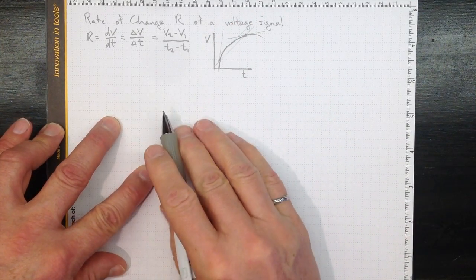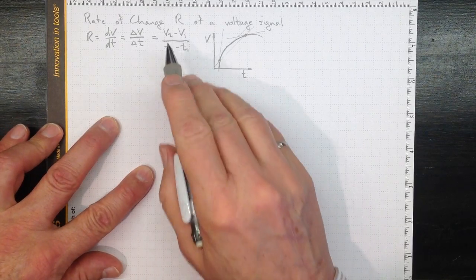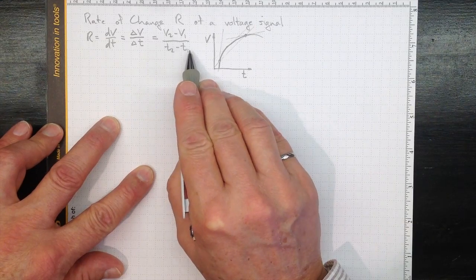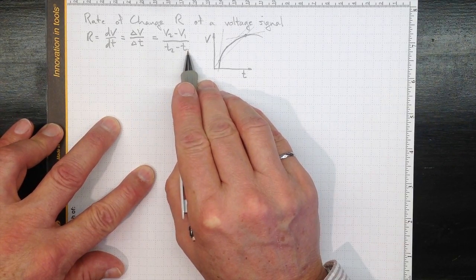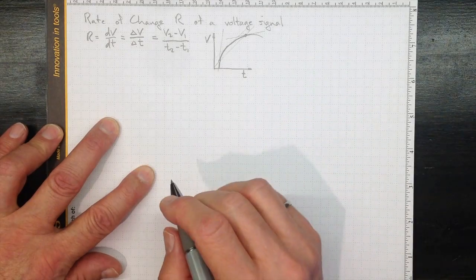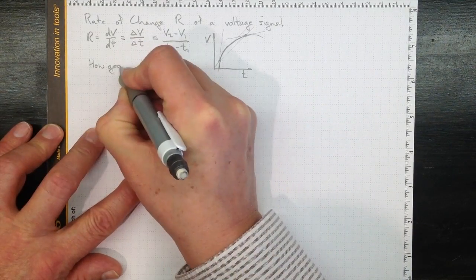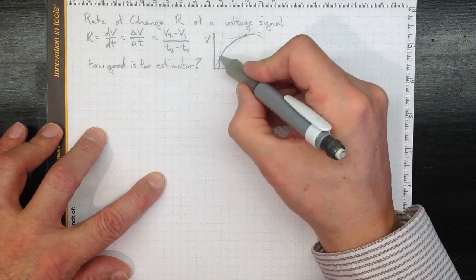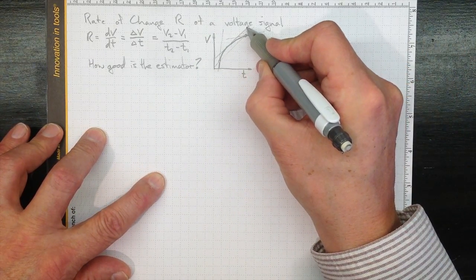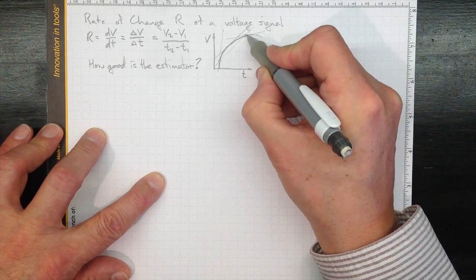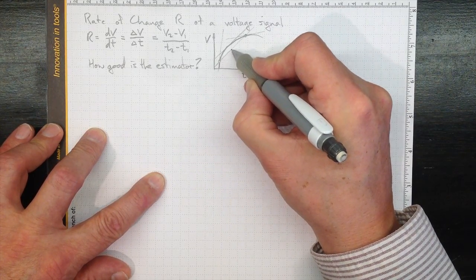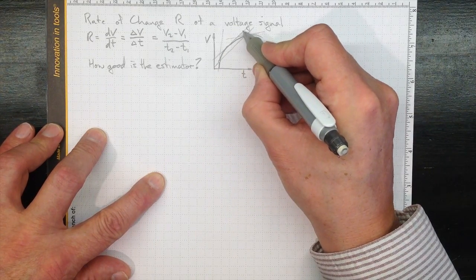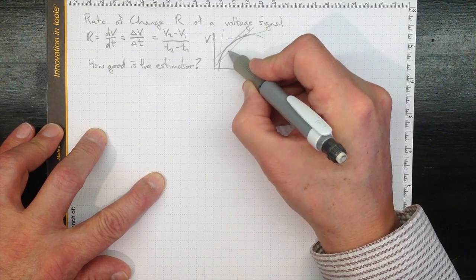Problem is, that introduces some uncertainty because we're not sure about our measurements of either of those voltages, and we're not sure exactly what time we took those measurements. So how good is the estimator? If we're making an estimation of our slope on average over the region between those 2 points, then a straight linear line passing through those 2 points is a pretty good estimate of that line there.